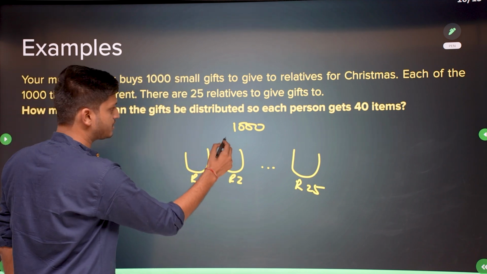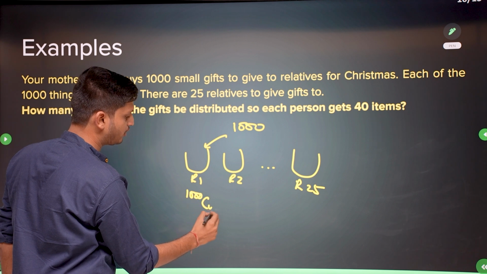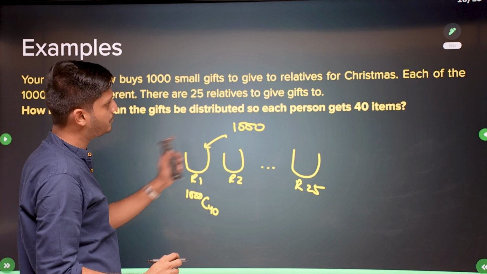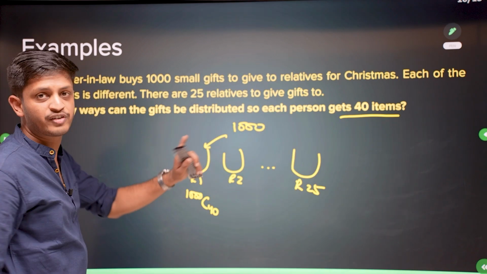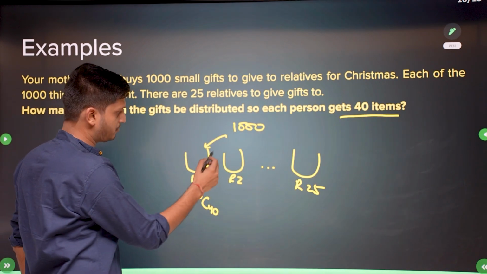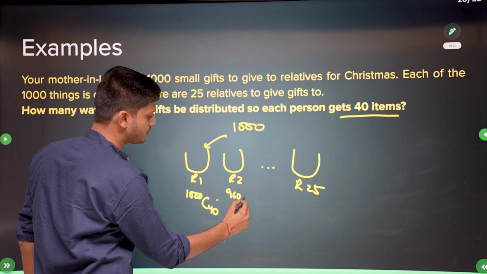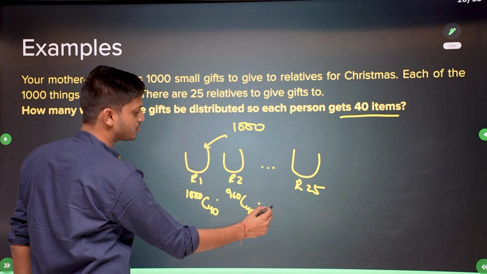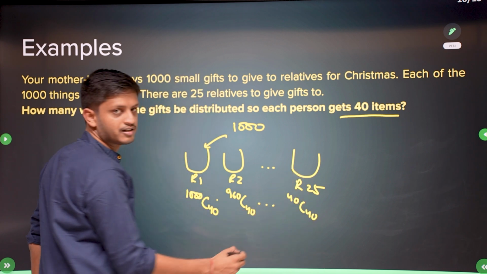So you choose any 40 gifts from the 1,000 gifts and give them to R1. Every person should get 40 items exactly, and the items are different. Then from the remaining 960 items you choose 40 items and give them to R2, and so on. From the remaining 40 items you choose 40 items and give them to the last relative.